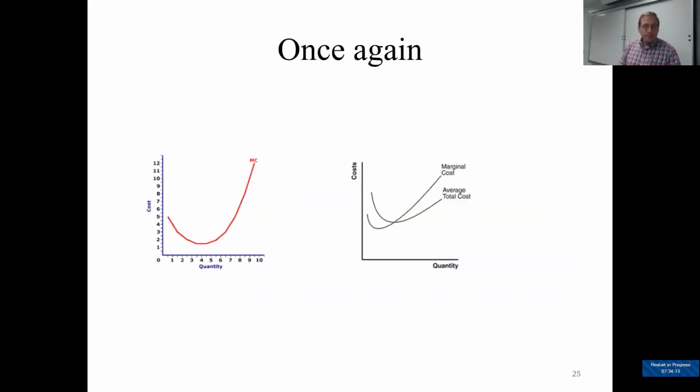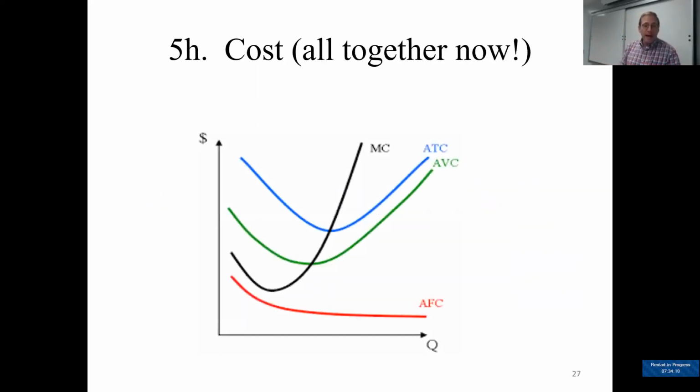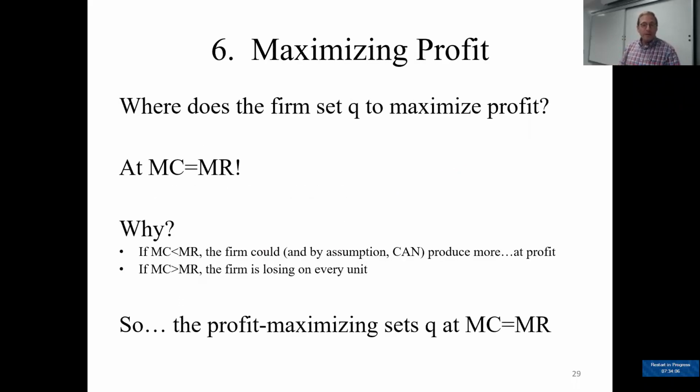So continuing, the last thing on the review that we have here, you've got this fancy graph, lots of colors. And the last thing on the review is that a firm will set its production at the point where marginal cost equals marginal revenue. Why? Well, the firm looks at this and says, if I could produce one more unit and earn more on that unit than the cost, then I'm leaving money on the table.